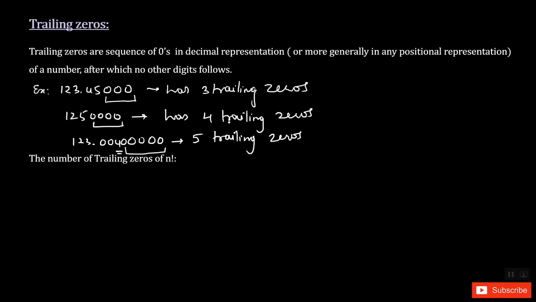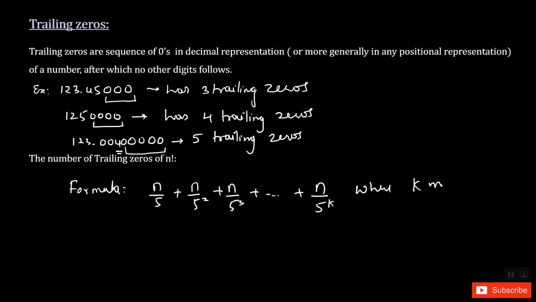To find the number of trailing zeros for n factorial, we need to use this rule. Please use the formula here. The formula to find the number of trailing zeros for n factorial is n divided by 5, plus n divided by 5 squared, plus n divided by 5 cubed, and so on up to n divided by 5 to the power k, where k must be chosen such that 5 to the power k is less than n.